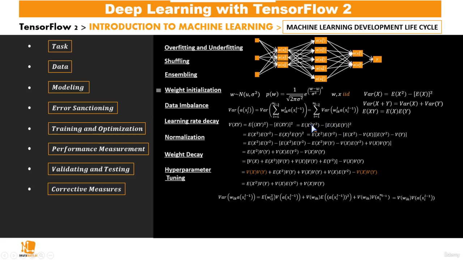Then expectance of x square y square is the same as expectance of x square times the expectance of y square, since these two are independent. And then this turns into expectance of x all square times expectance of y square, since this is like ab square, so it becomes a square b square. And that's what we have here.